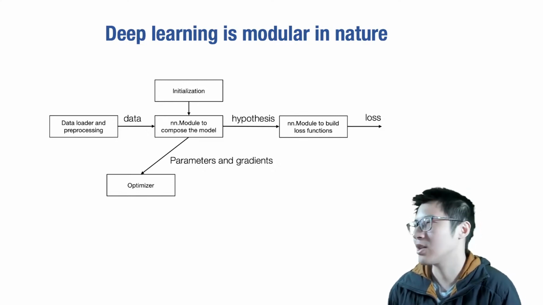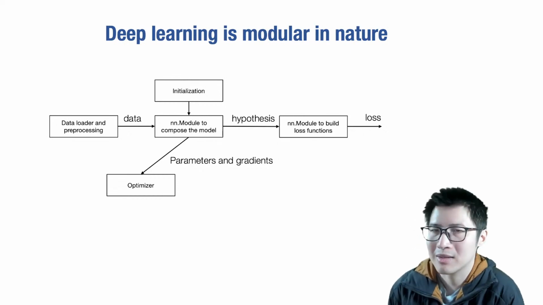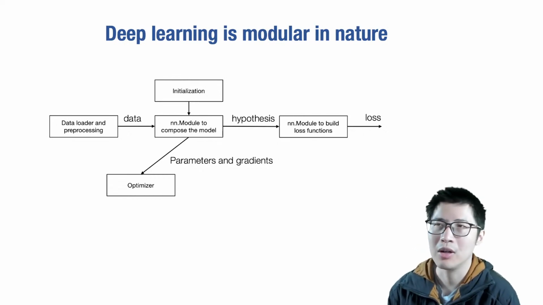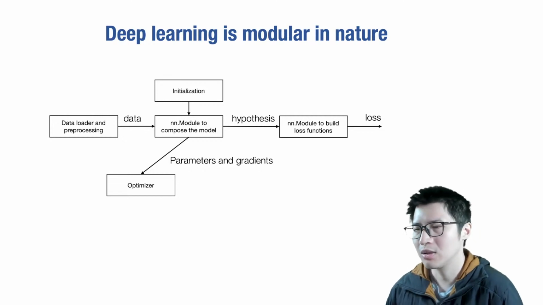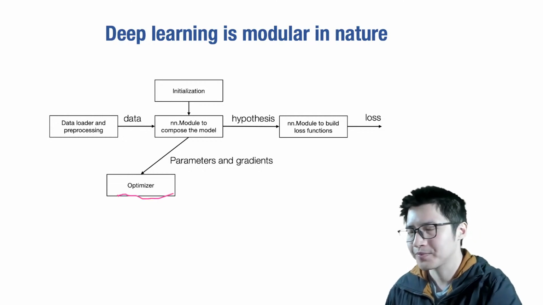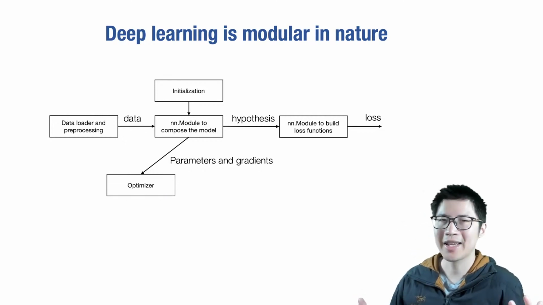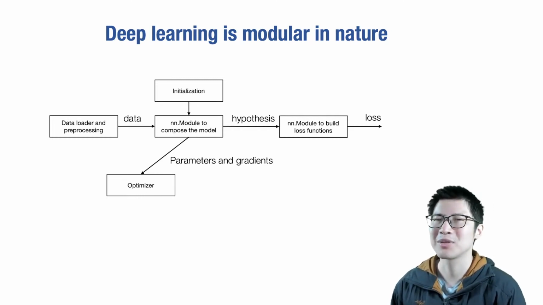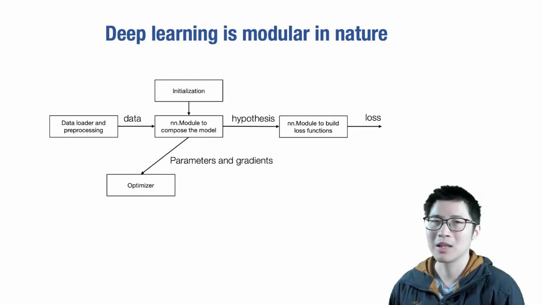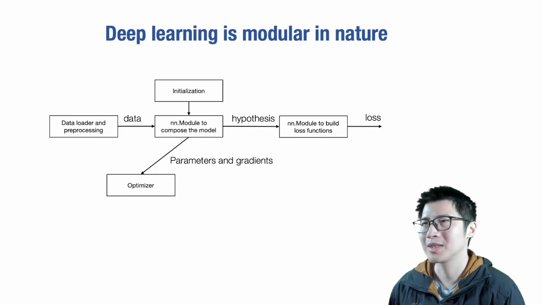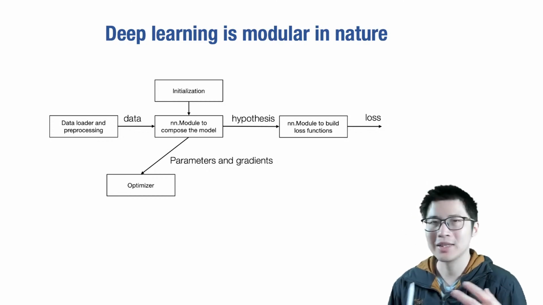And if I'm only interested in developing a new optimization method, like a variant of Adam for neural network training, we just need to go ahead and replace the optimizer part. So this modular nature is really amazing. It helps us build different deep learning solutions and put them together, right?